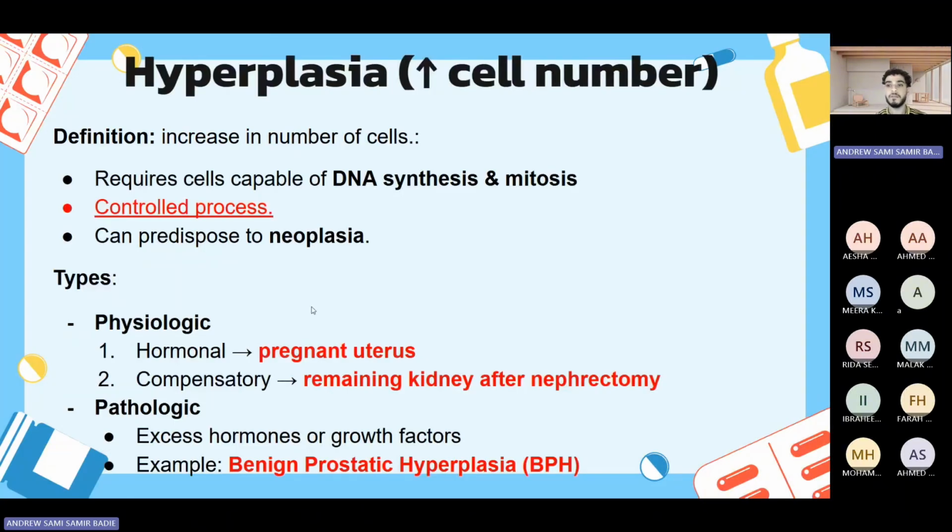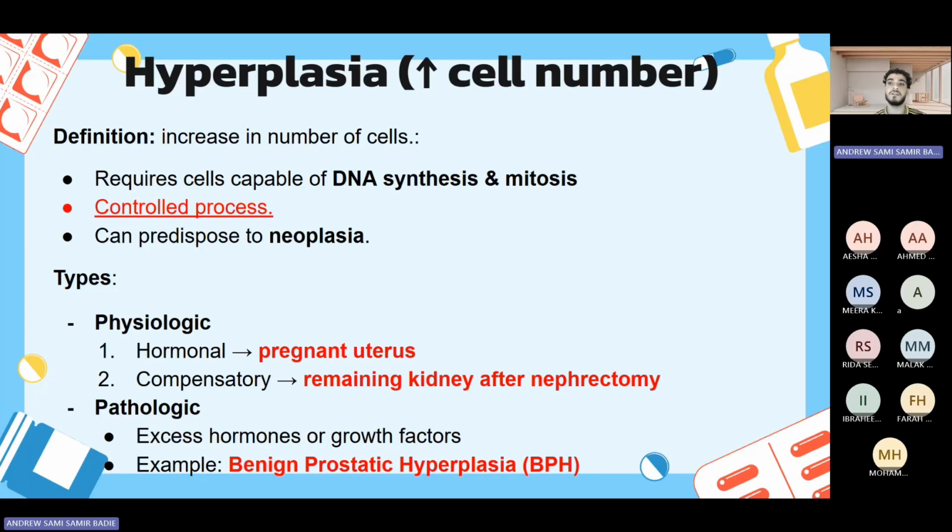Now, onto the hyperplasia. Hyperplasia is the increase in cell number. This is separate from the other two. Before we talked about the cell size, now here's cell number. And this requires cells to be capable of DNA synthesis and mitosis. What does it mean? For example, in the heart, if you guys remember, cardiac muscle does not regenerate or replicate itself. So that can't undergo hyperplasia, only hypertrophy. But on the other hand, for example, we have the skin.